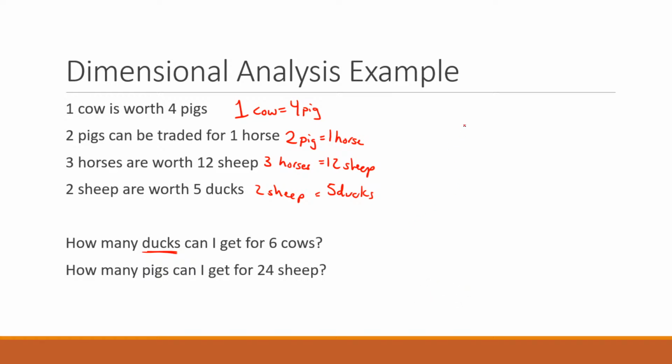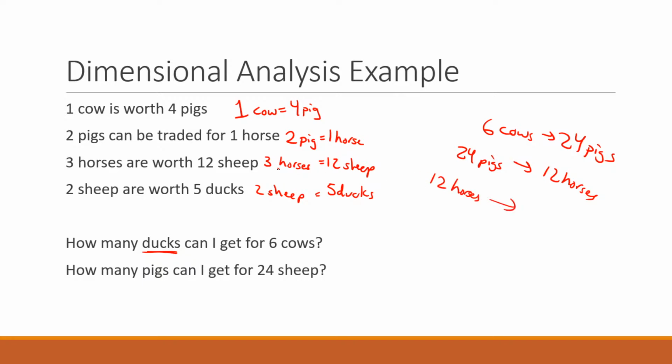So 6 cows, 1 cow is 4 pigs, so 6 cows is 24 pigs. And then I would look at the next one. Well, 24 pigs, if 2 pigs is 1 horse, then that's 12 horses.